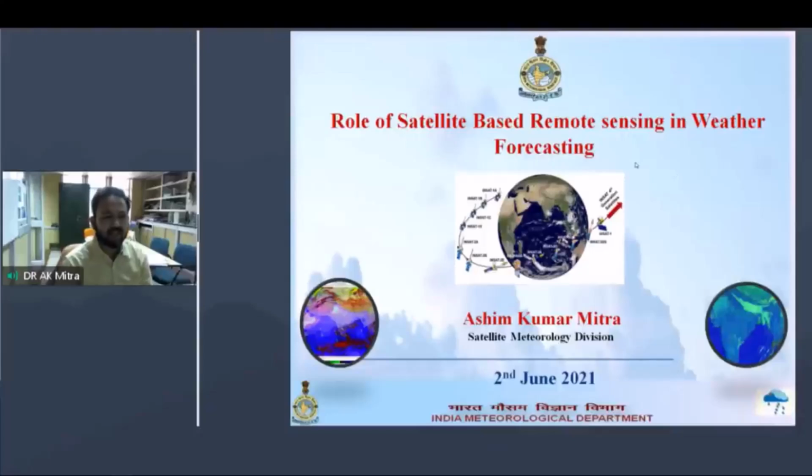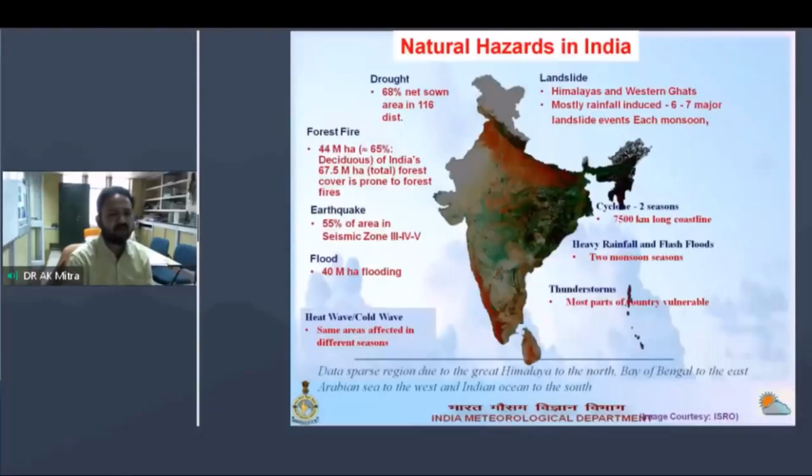Before I start, I would like to give you the natural hazards in India. If you can see this particular slide, we have a number of weather hazards in India throughout the year. Let's say drought, forest fire, earthquake, flood, heat waves and cold wave, in the same area in different seasons.